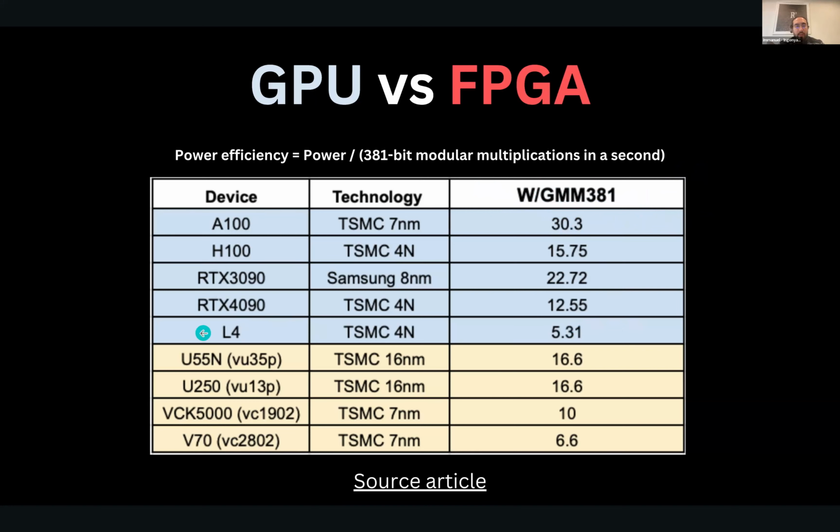For example, if we look at the L4 GPU, we can see it basically is 5.31. And if we look at other FPGAs, we can see that most of them are way less efficient. Now, when you look at these retail GPUs, you see that they are less efficient than FPGAs, but if you look at the actual price, these GPUs are more than 3 times cheaper than these FPGAs. So we think that GPUs have an advantage when it comes to power efficiency and price.